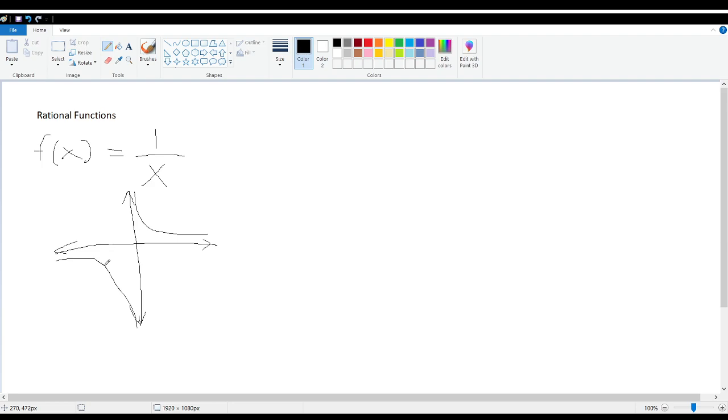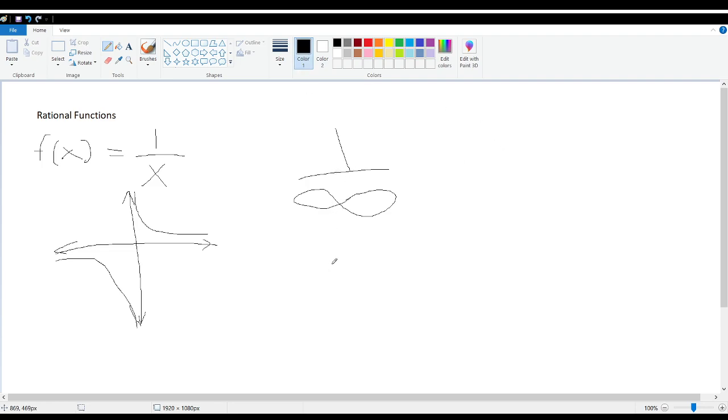Why? Let's assume that x is equal to 0. You substitute x of 0, and you're just dividing by 0, which is impossible. And why does it never reach the x-axis? Because if you divide 1 over infinity, which is x here, it never reaches 0.